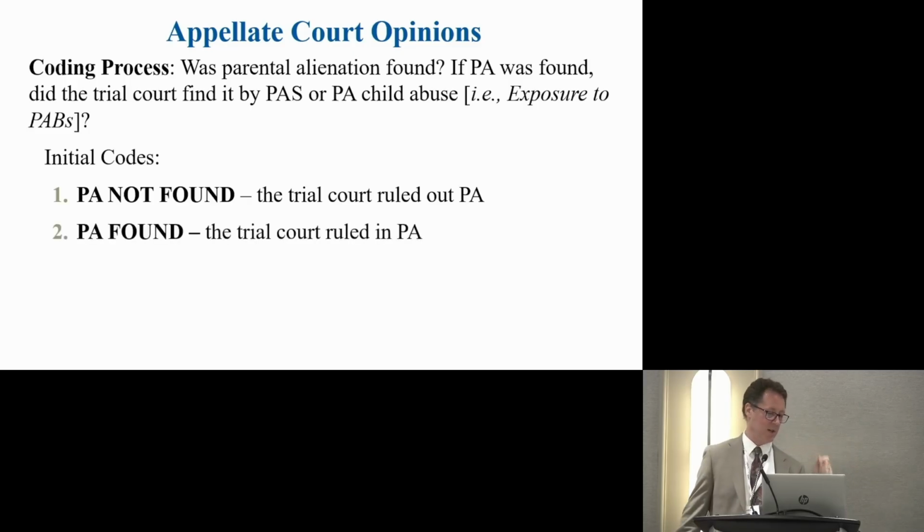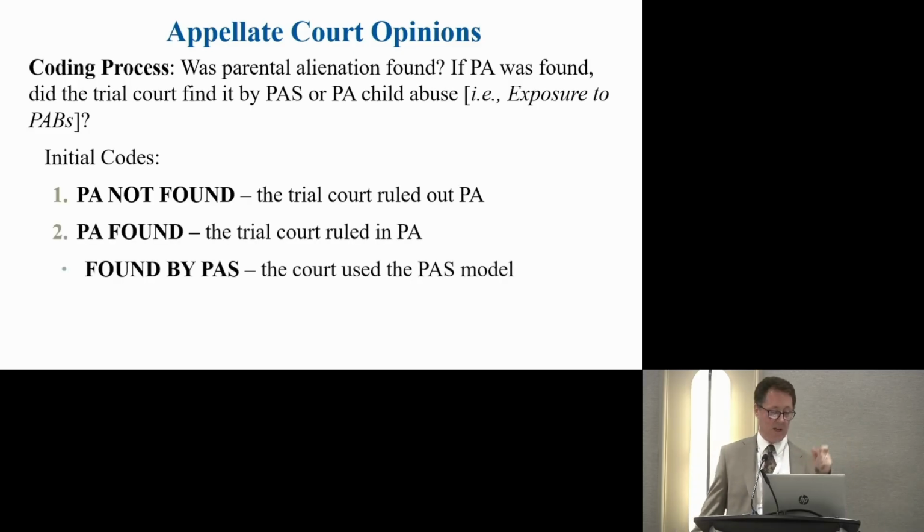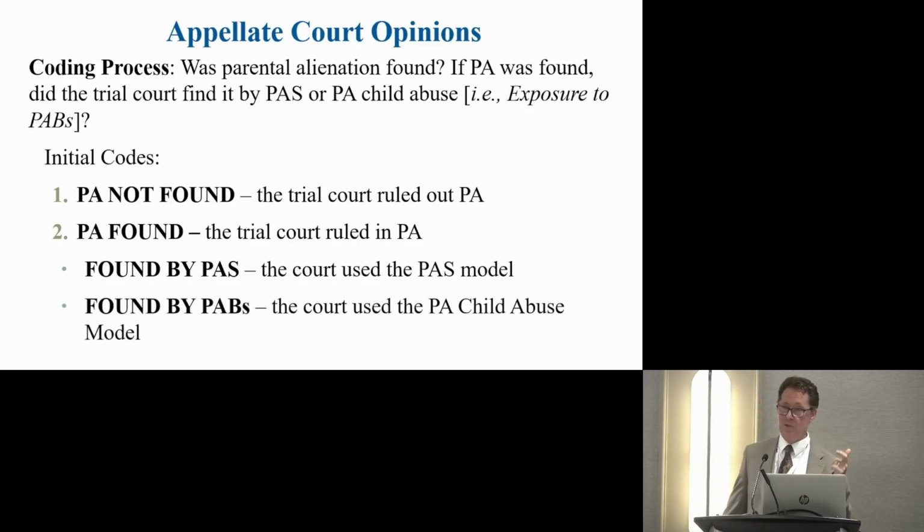PA found, the trial court ruled in PA. And then under the found cases, either found by parental alienation syndrome, meaning there were symptoms in the child, or found by exposure to parental alienation behaviors, the court using the parental alienation child abuse model.